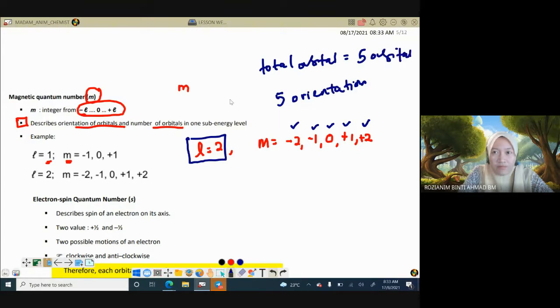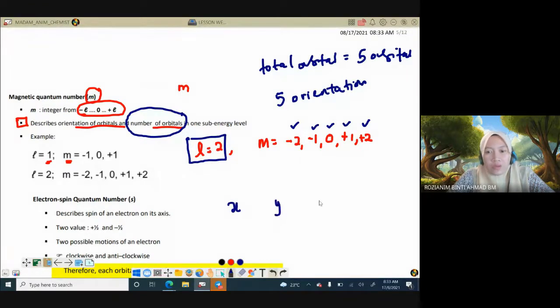Sebab function M adalah to determine the numbers of the orbital dan juga orientationnya. So, orientation dia ada 5. Apa dia? Nanti saya akan terangkan. Okay? So, orientation dia depend to the x-axis, y-axis and also z-axis.